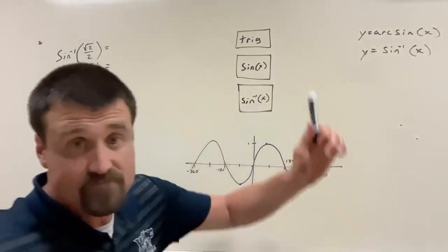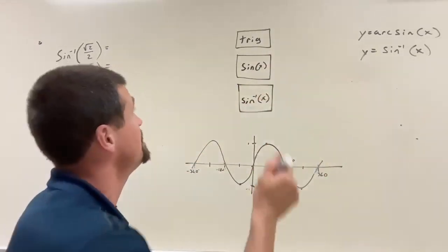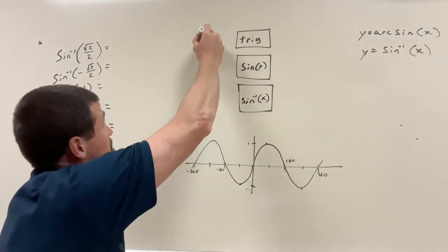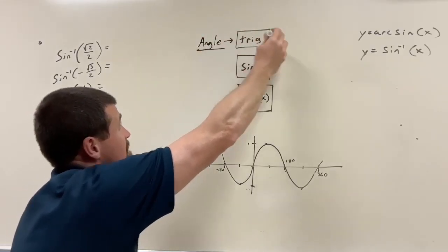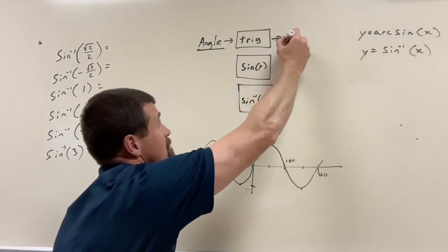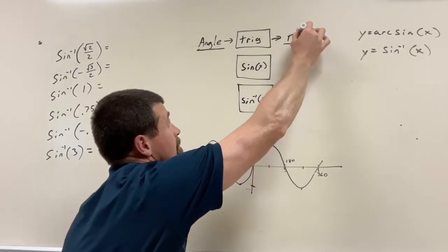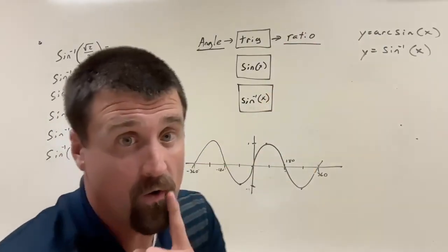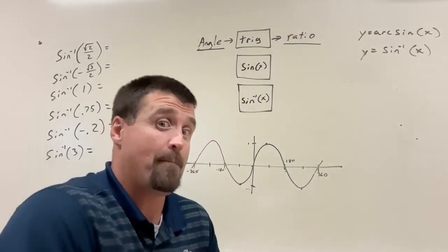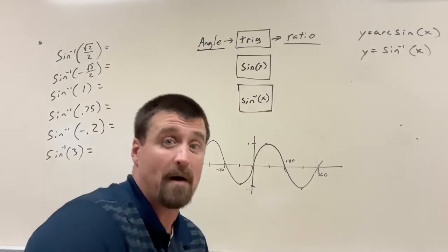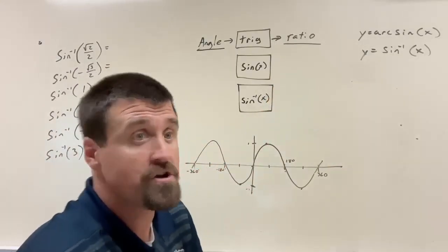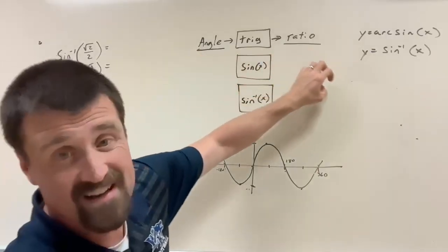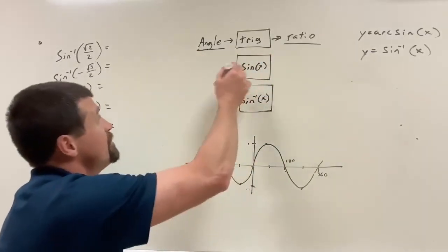A trig function takes an angle and turns it into a ratio, like opposite over hypotenuse or adjacent over hypotenuse. We're specifically talking about sine here, so it takes an angle and turns it into the opposite over the hypotenuse.